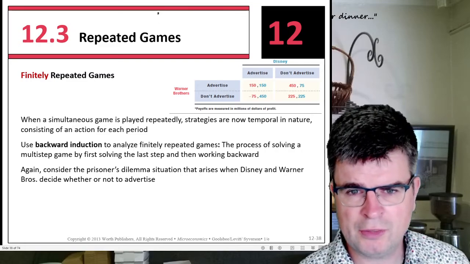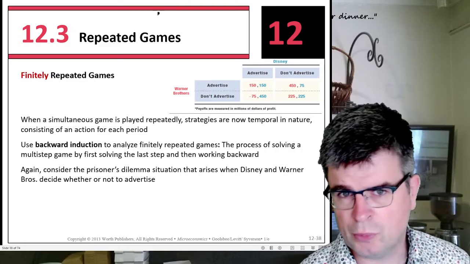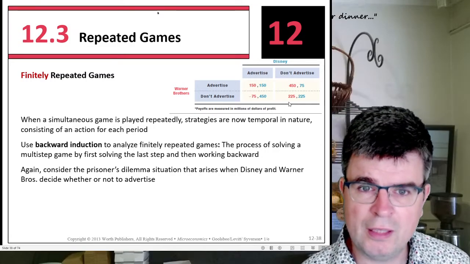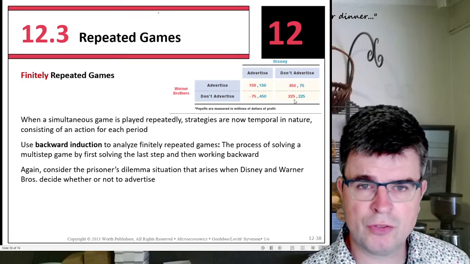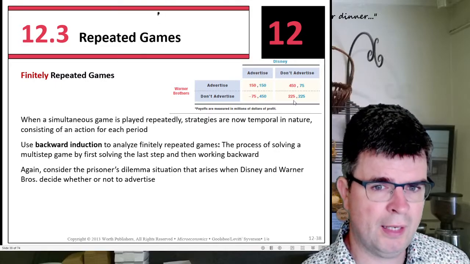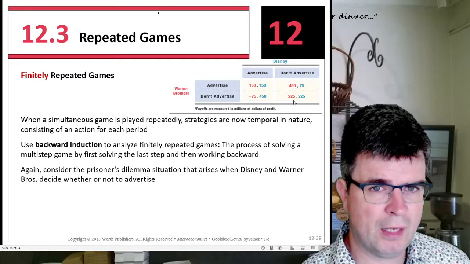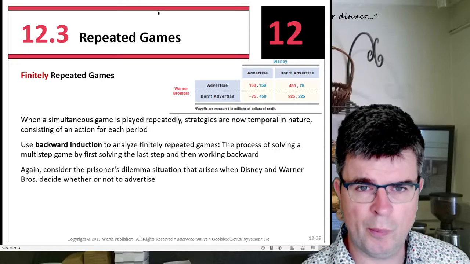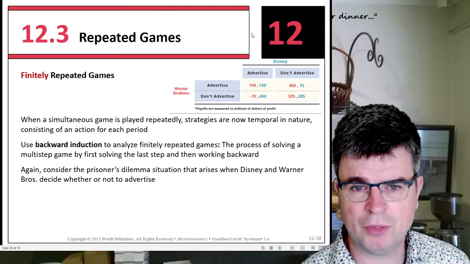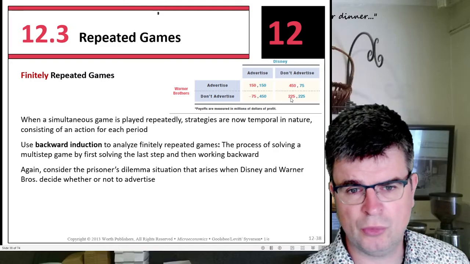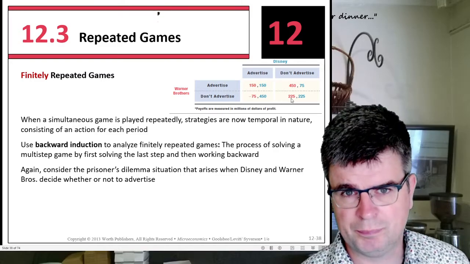So the question is, if the game is repeated for 2 periods, is the alternative strategy of not advertising sustainable as an equilibrium outcome? Using backward induction, we start in period 2 to see whether, given that the other firm doesn't advertise, it's optimal for Warner Brothers, say, to not advertise as well.